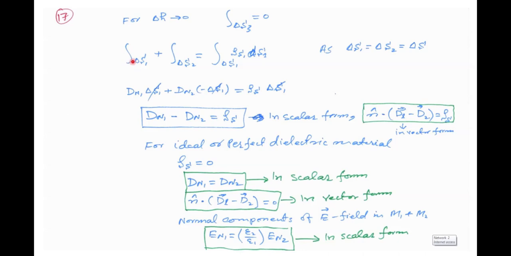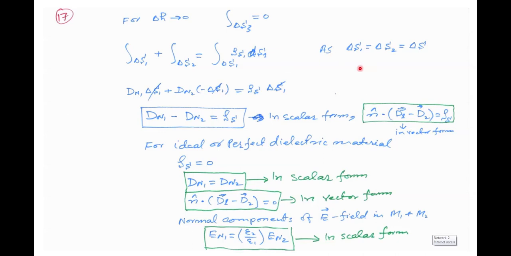So let us evaluate this integration over the cross-sectional area of the cylindrical shape in material 1, which results in D sub N1 delta S1, as we know that the D field from any charge in the electrostatic case is in the normal direction. Plus D sub N2 times minus delta S1.